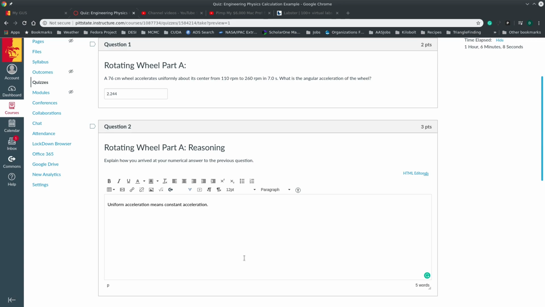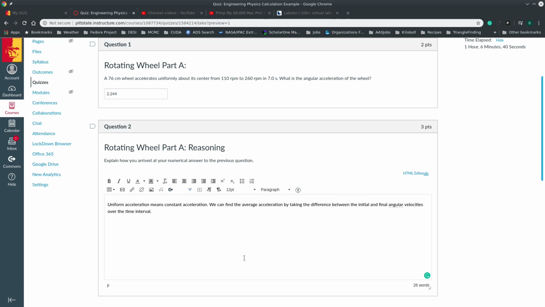And then you can say, we can find the average acceleration by taking the difference between the initial and final angular velocities over the time interval.